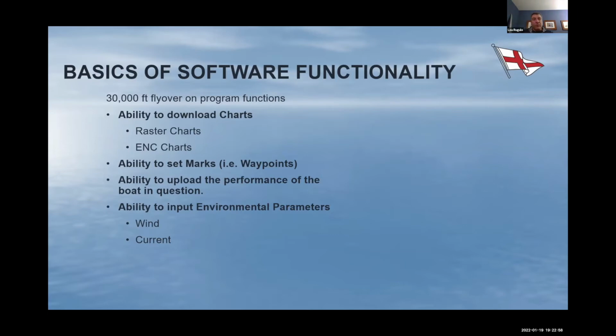So first we need a chart of where we want to go and where we're leaving from. Then we need some way to put in waypoints. Most of the programs, but definitely Expedition, call them marks. So you'll hear me talk about marks, but it's really just a waypoint.